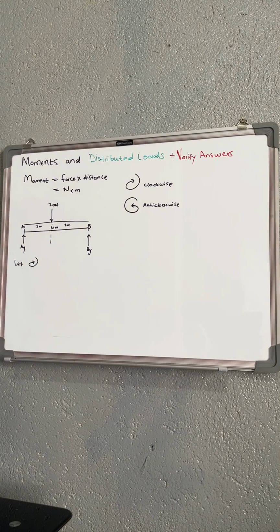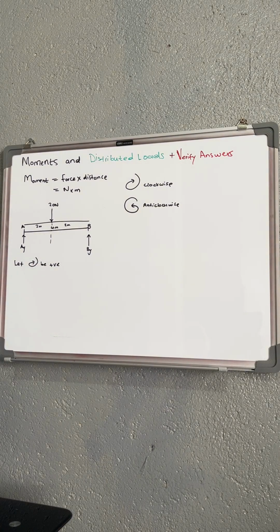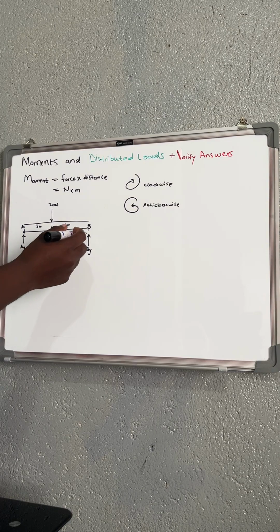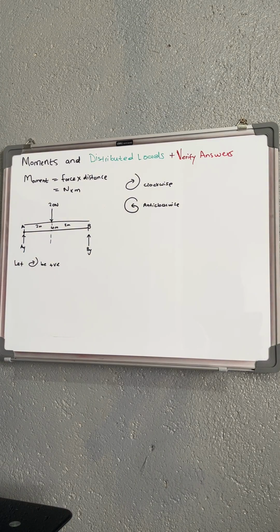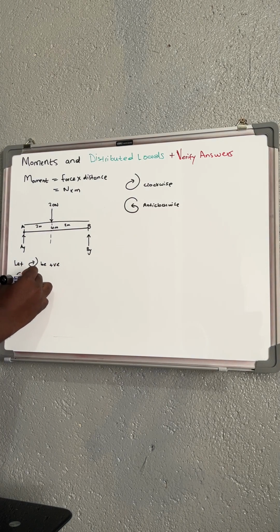We'll say let clockwise be positive. Then how are you going to calculate? I want to calculate my BY. So if I want to calculate my BY, I'm going to take my sum of moments around A. So what are you going to have? You're going to have the sum of moments at A.